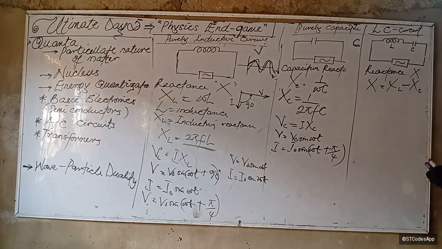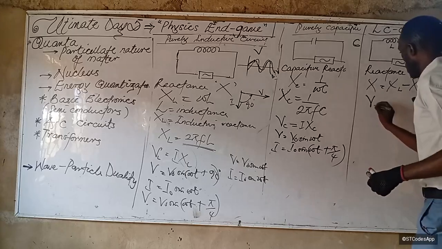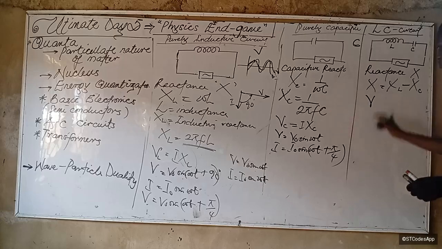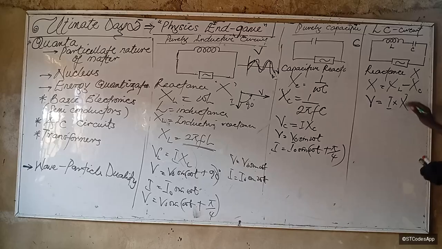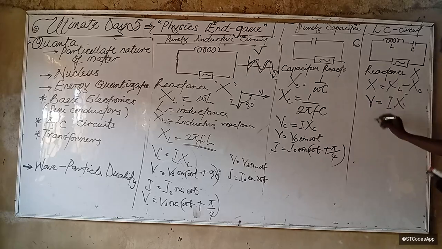It therefore means that the voltage V here will be equal to I times X. Does this make sense? So voltage is I into bracket X sub L minus X sub C.